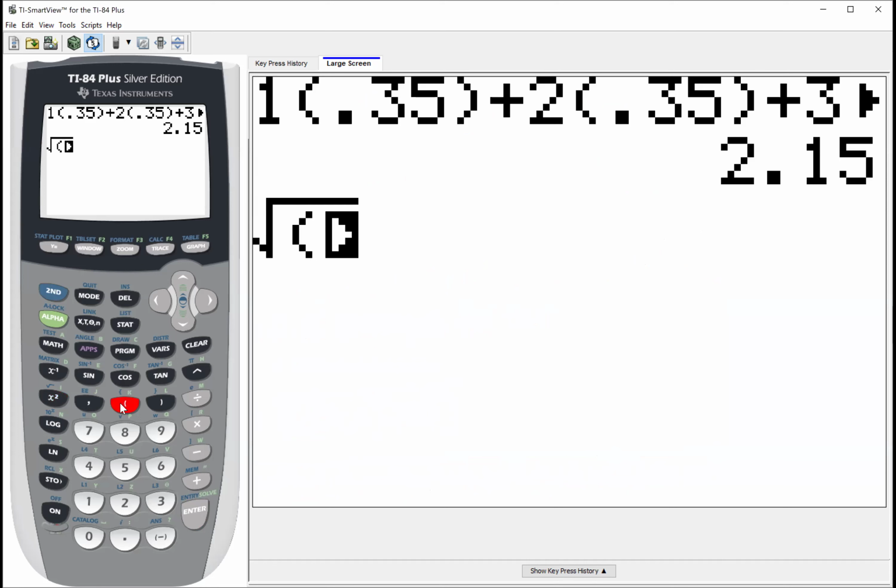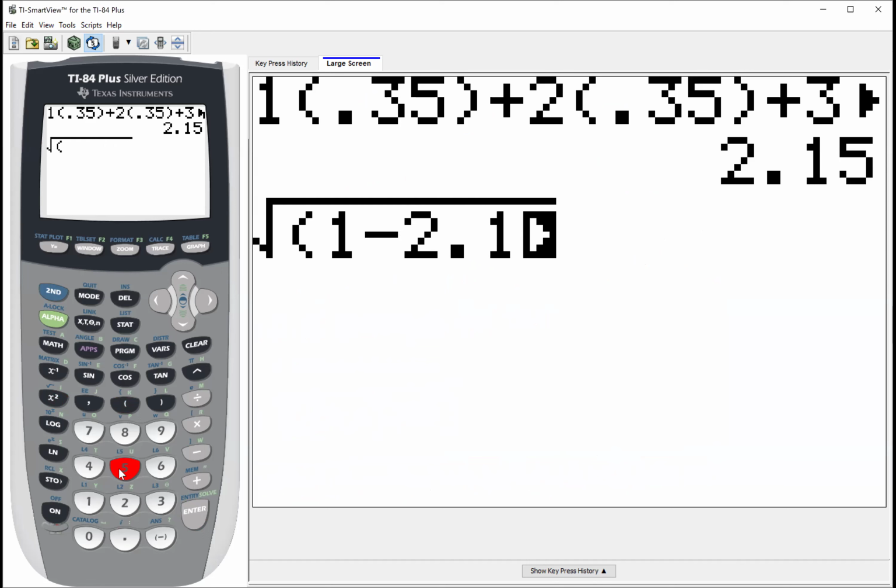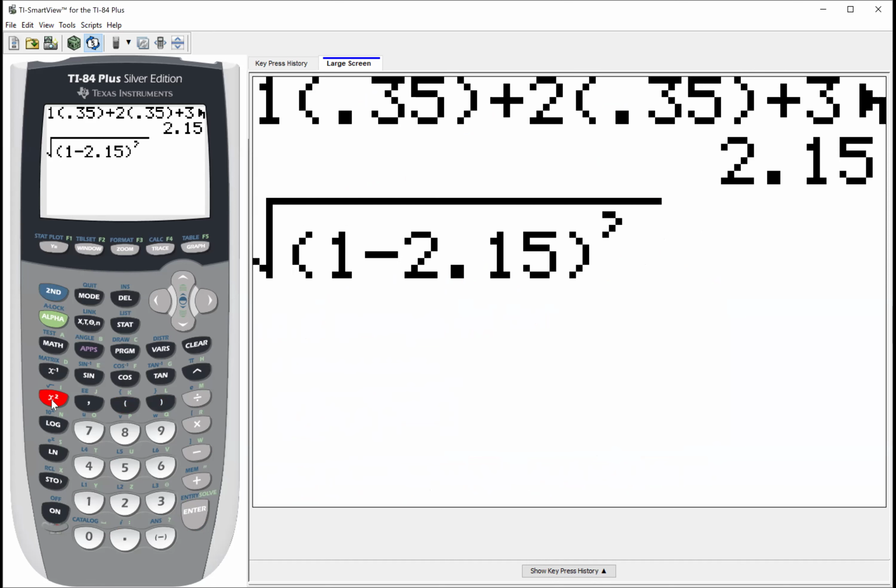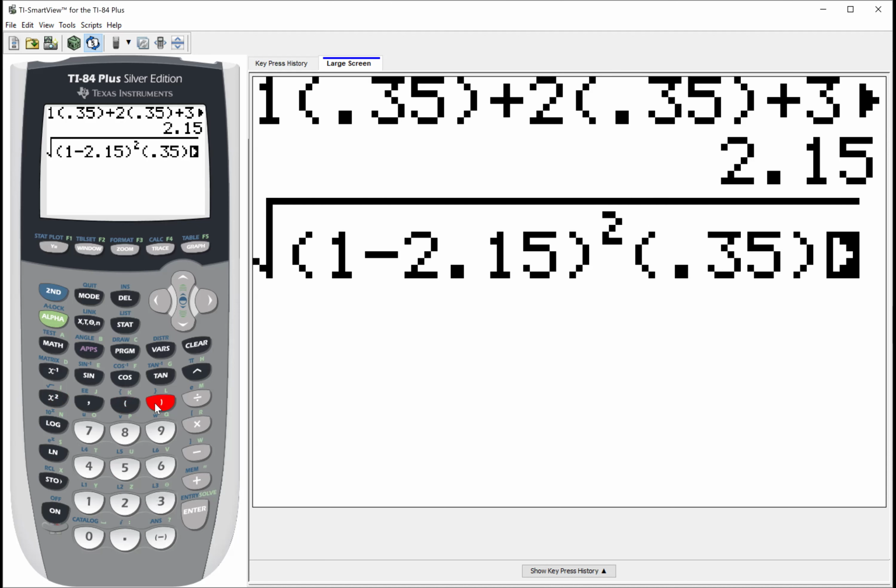Now, the first expression is 1 minus 2.15. Close the parentheses, because we have to square that. And remember, the squared button is x squared and it's halfway down the first column. So 1 minus 2.15 squared. Now we have to multiply that by 0.35. So open a set of parentheses for multiplication, and put 0.35.